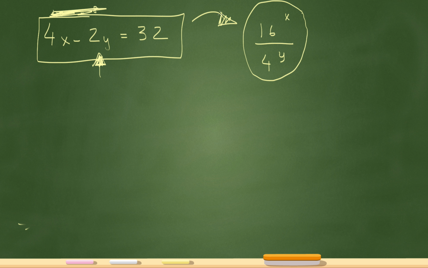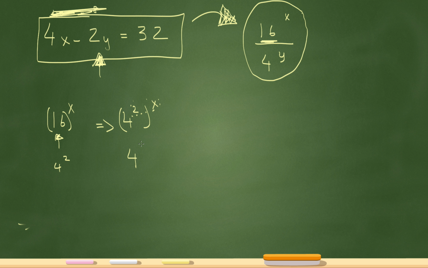Now, one of the things that the SAT loves testing on is if you know how to rewrite bases. So if I have 16 to the x, 16 is the same exact thing as 4 squared. So if I were to rewrite that 16, I can do 4 squared to the x. But now if I'm raising an exponent to another one, that's just multiplying.